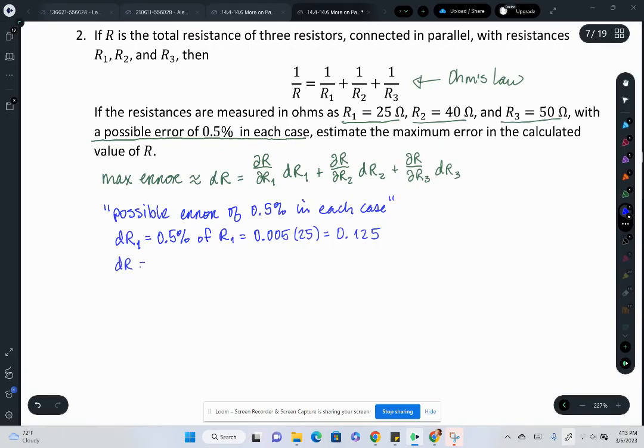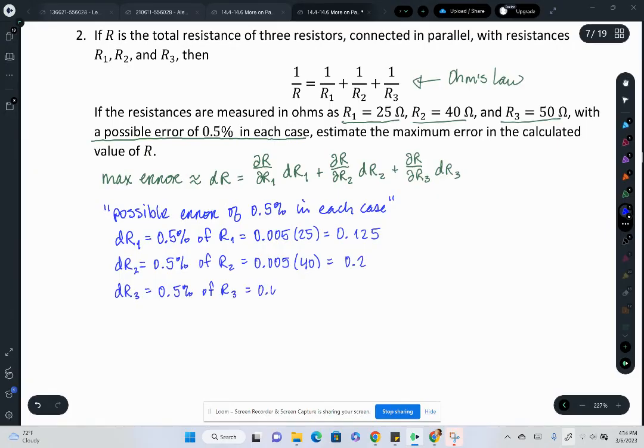dR2 has the same possible error of 0.5%. That's of the measured value of R2. So this would be 0.005 times R2, which is 40 ohms. And so this gives us, when we multiply it out, 0.2. dR3 is going to be 0.5% of R3.